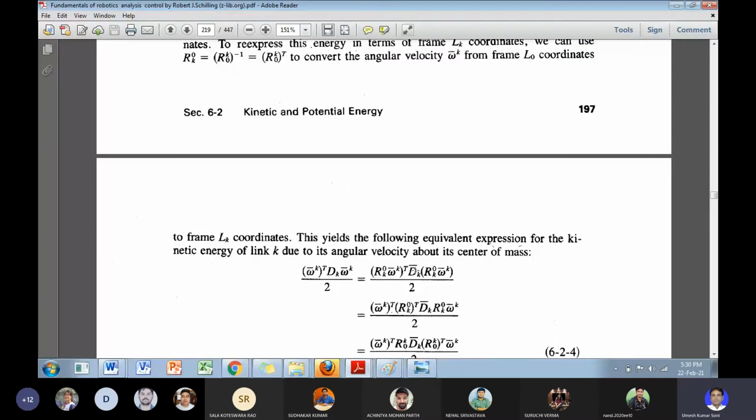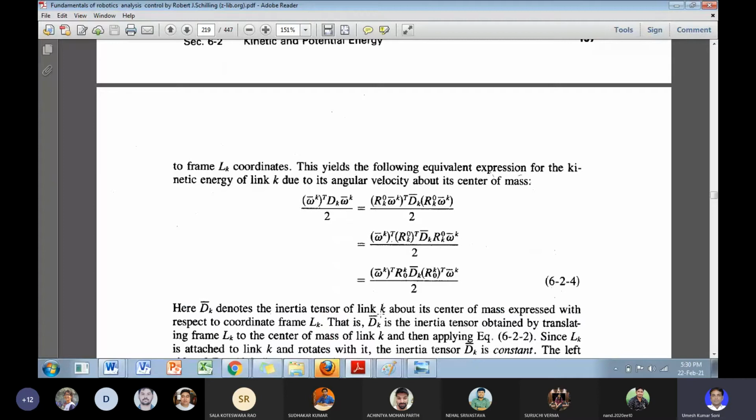Then dk represents the inertia tensor of link k about its center of mass relative to the base frame. But here dk bar represents the inertia of link k about its center of mass with respect to frame Lk.